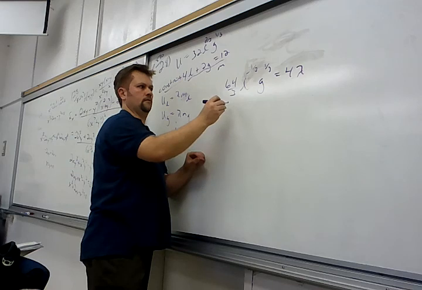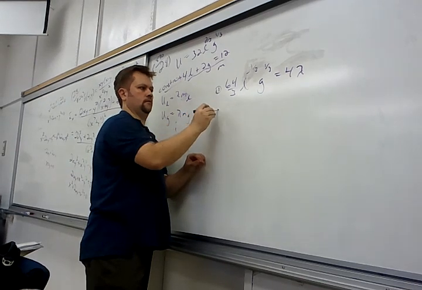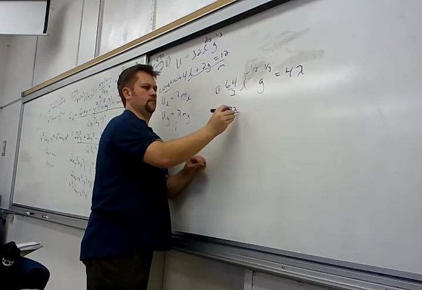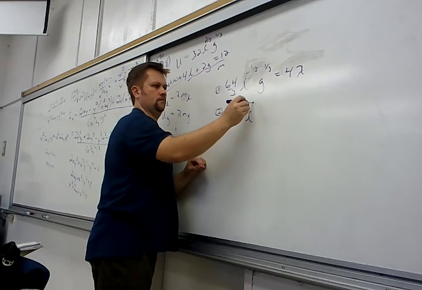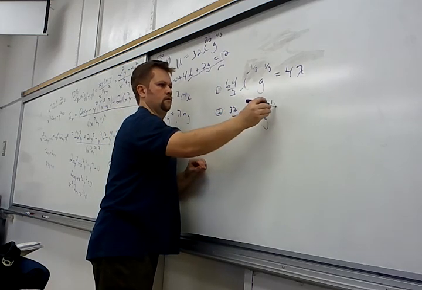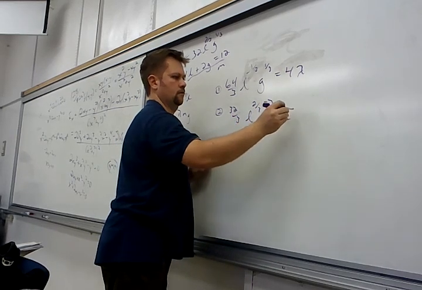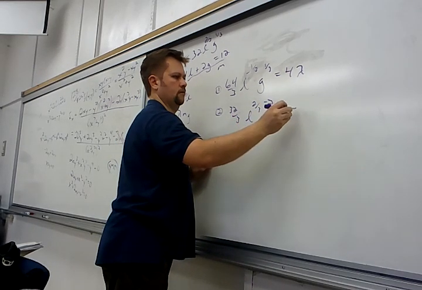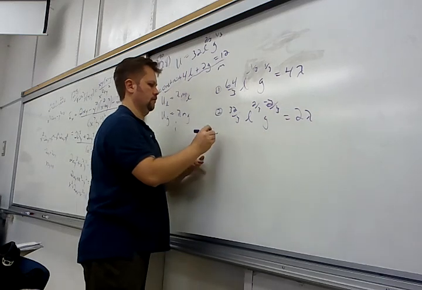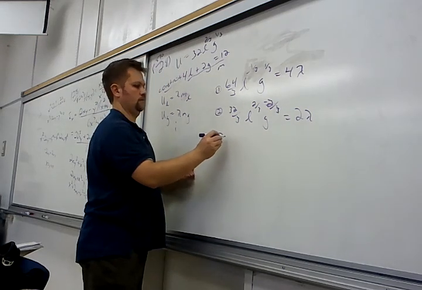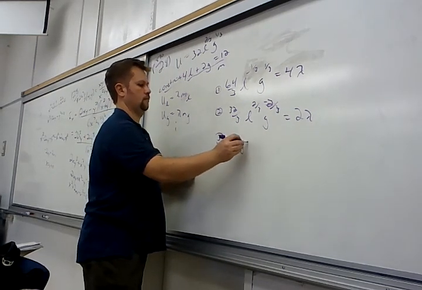And that was our first equation. And our second one was 32 thirds L to the 2/3 G to the negative 2/3 equals 2 lambda. And then our third equation was G equals 6 minus 2L.